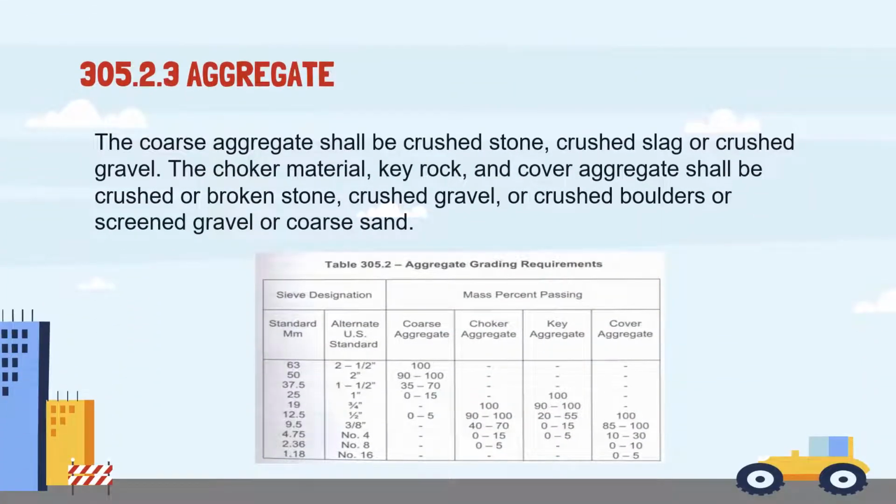The next item is 305.2.3, the aggregate. The coarse aggregate shall be crushed stone, crushed slag, or crushed gravel, and choker material, key rock, and cover aggregate shall be crushed or broken as well. Crushed gravel or crushed boulders or stream coarse or coarse sand.